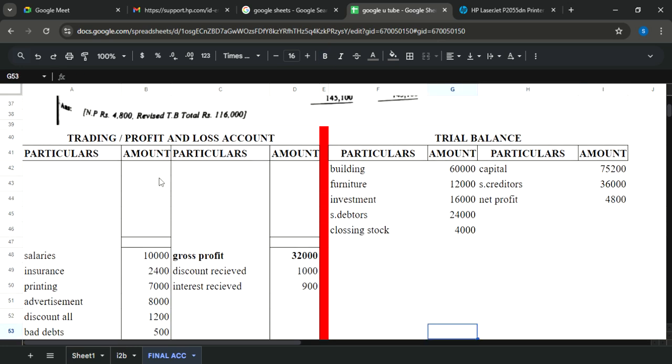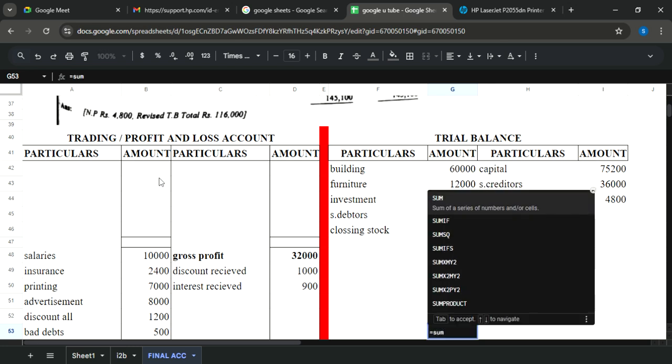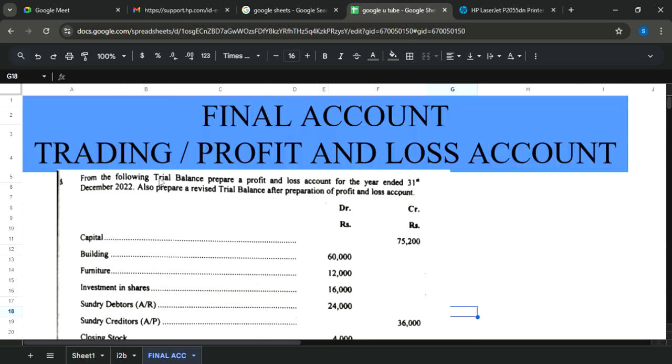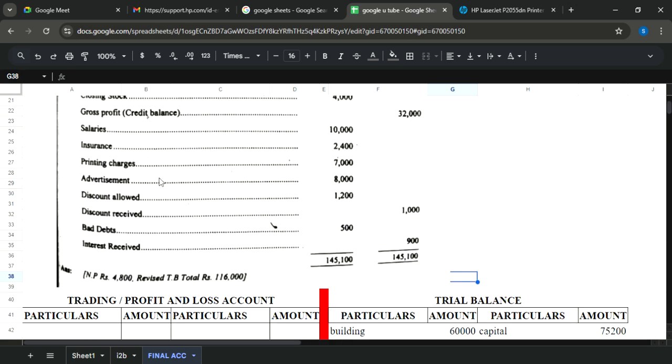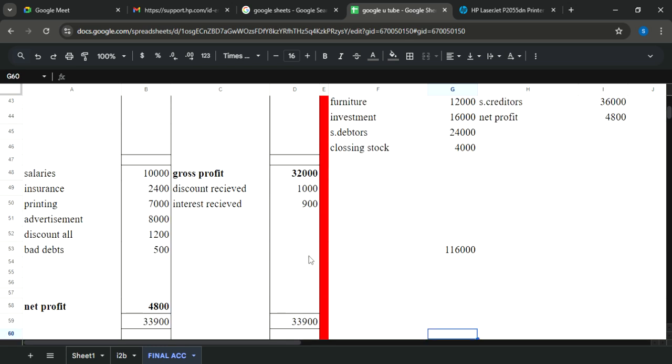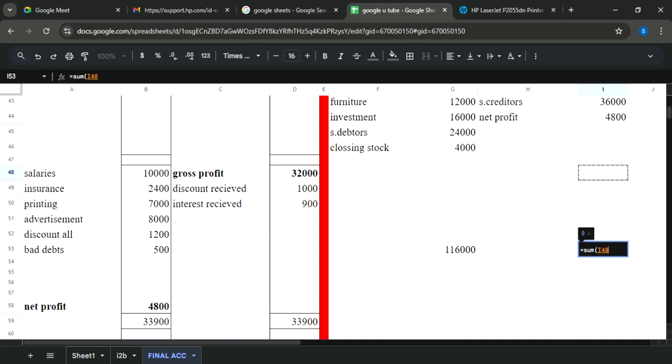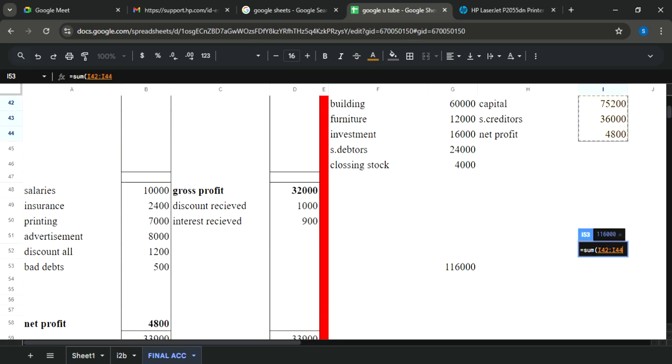Finally, we are now going to calculate the total of both sides. So here we have got the sum of the debit side and we have these many amounts, and here you can see trial balance total 116,000 and we have got 116,000. In a similar way we will be taking the sum of the credit side and we have these three amounts, and finally 116,000.